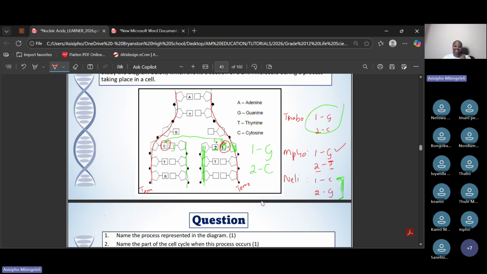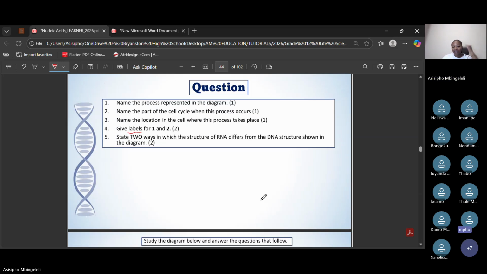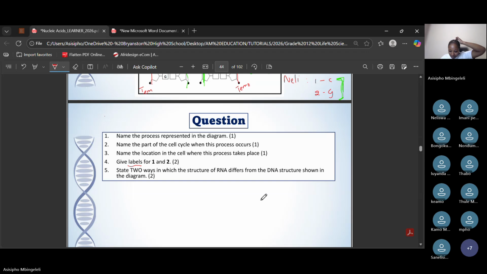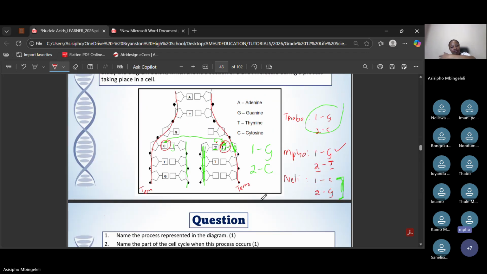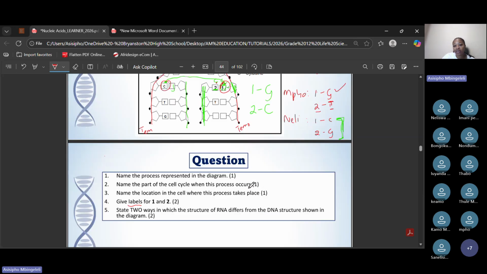I made a mistake there because I know that with the bases, G and C are paired together, and then A and T are paired together. Okay, cool. I'm happy to hear that you made a mistake because if you make a mistake in the lessons, that means in an exam you won't make a mistake.